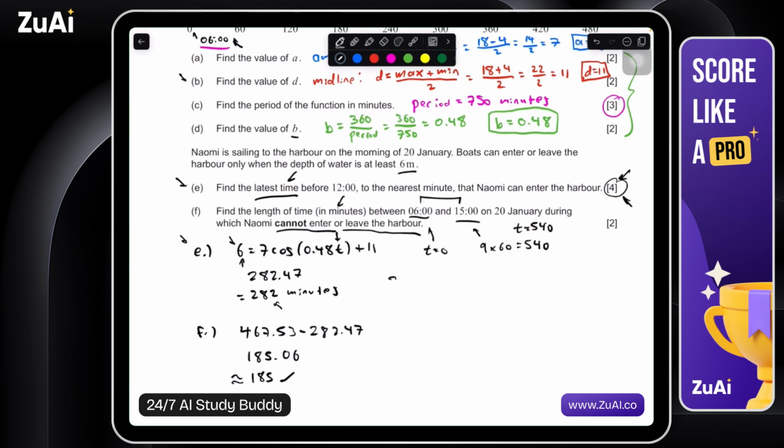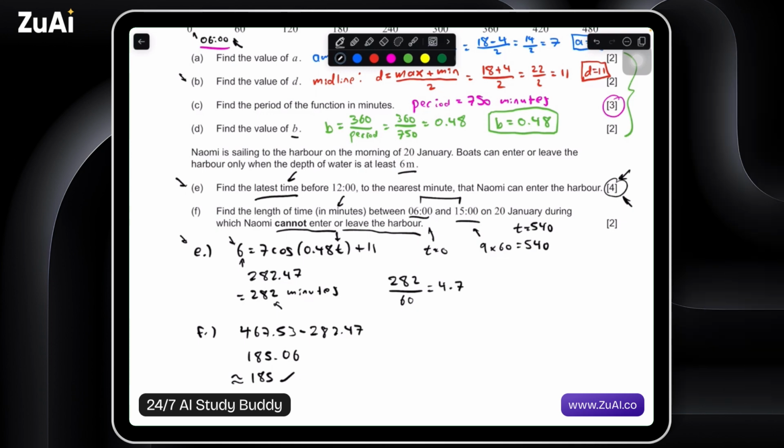Okay, so 282 minutes. Let's divide this by 60 minutes. We know there are 60 minutes in 1 hour, so let's find out how many hours. I'm going to go ahead and do this on the calculator that I have beside me. and it's going to give us 4.7. So it's going to give us 4.7 hours.